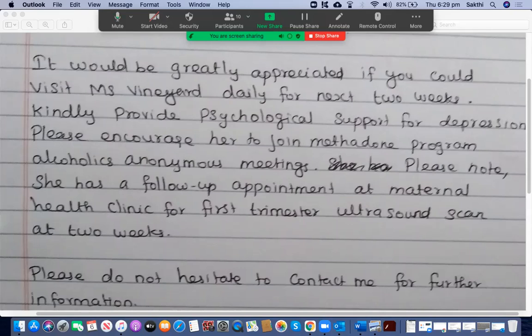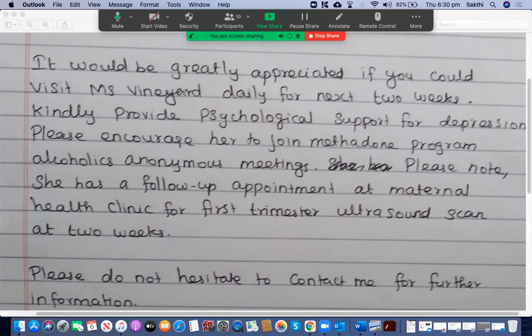Kindly provide psychological support for depression. Please encourage her to join methadone program, Alcoholics Anonymous meetings. Okay, so instead of writing in the active voice, like for example, kindly provide psychological support for depression, and please encourage her to join methadone program, Alcoholics Anonymous meetings, or whatever it is, what you could have done is use the passive voice.